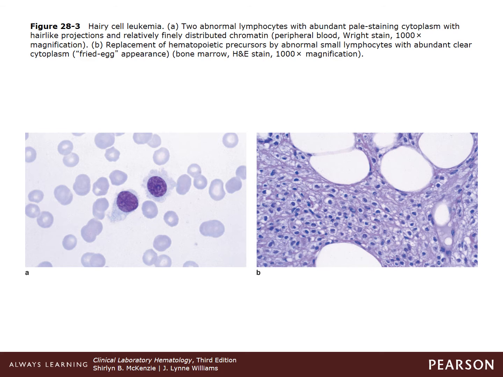They usually have an oval or convoluted nucleus and relatively fine chromatin. Now here on image B we have a bone marrow section, and we have replacement of the precursor cells by these small lymphocytes, and they kind of look like a fried egg appearance.